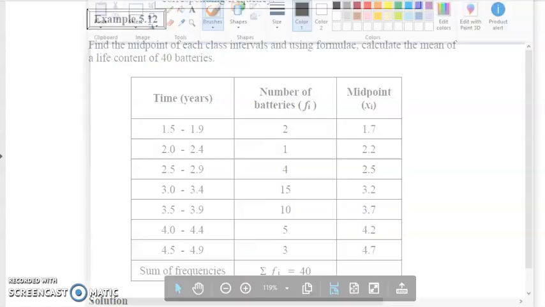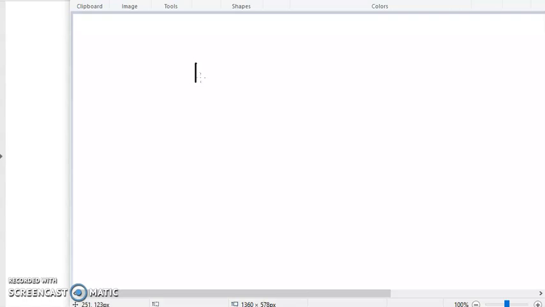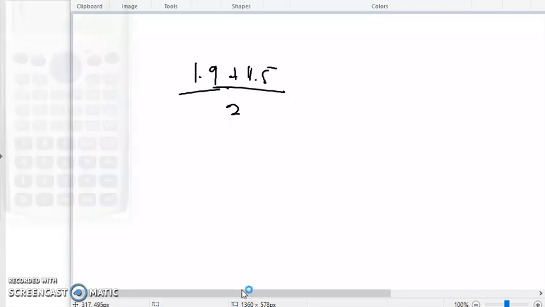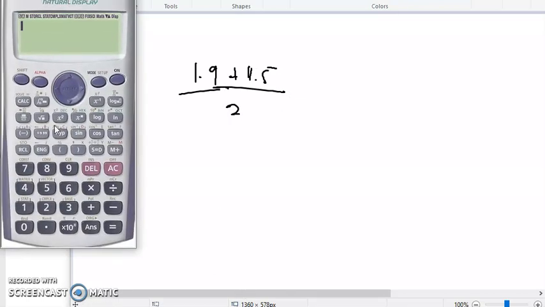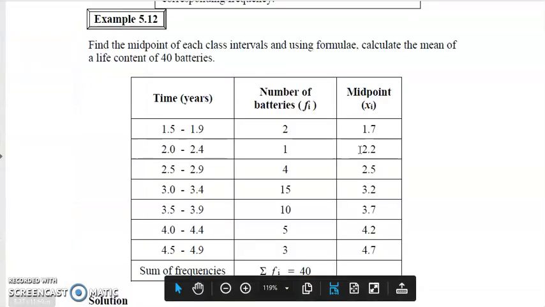You can do it this way: 1.9 plus 1.5 over 2. If you try using your calculator, you'll be having 1.9 plus 1.5, and then divide by 2, presumably we'll be having 1.7, which, if you look here, the midpoint is 1.7.